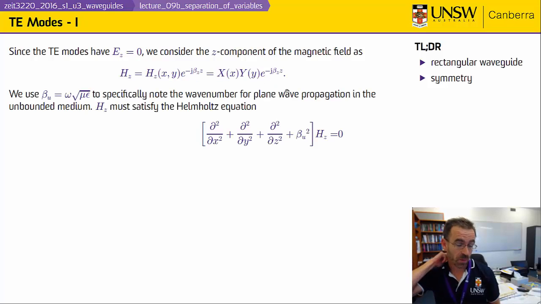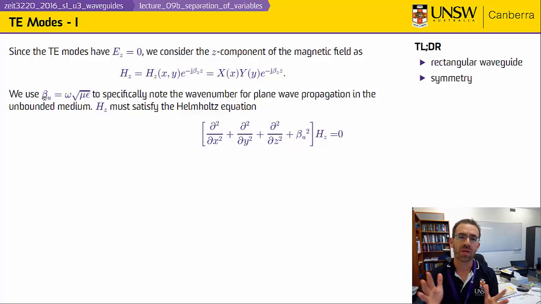We're going to define beta sub u as the wave number for a plane wave propagating in an unbound medium that's the same as what's filling our waveguide. So beta sub u is omega square root mu epsilon. When we take that piece of information and substitute it into the Helmholtz equation, we have this behavior here.